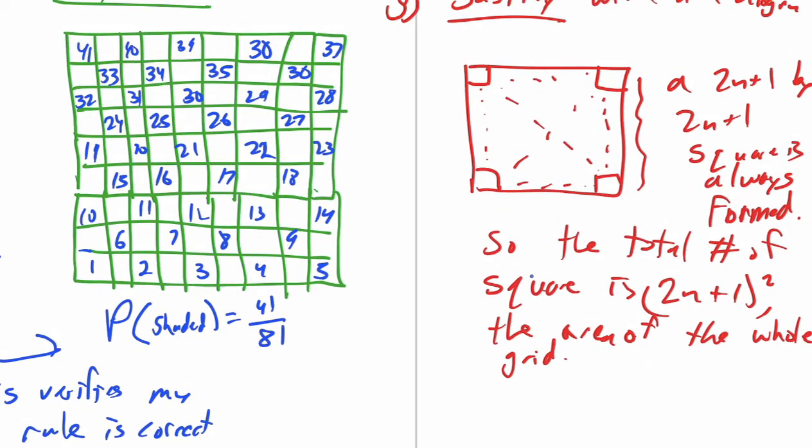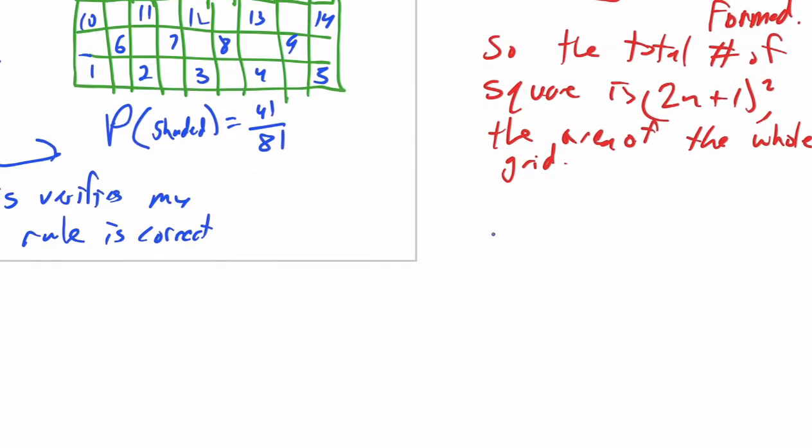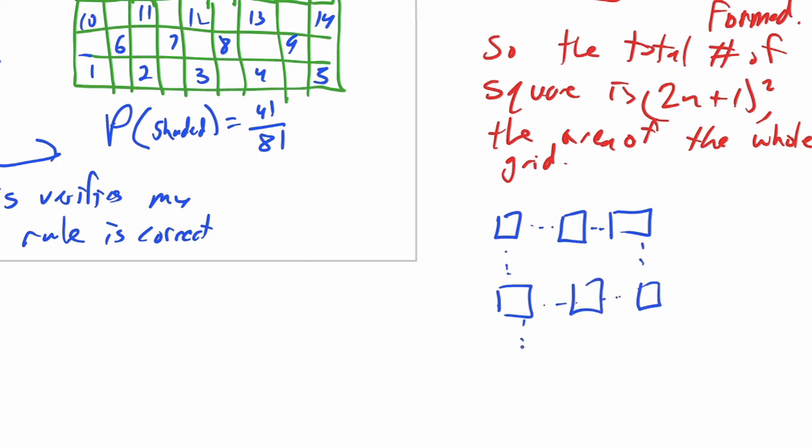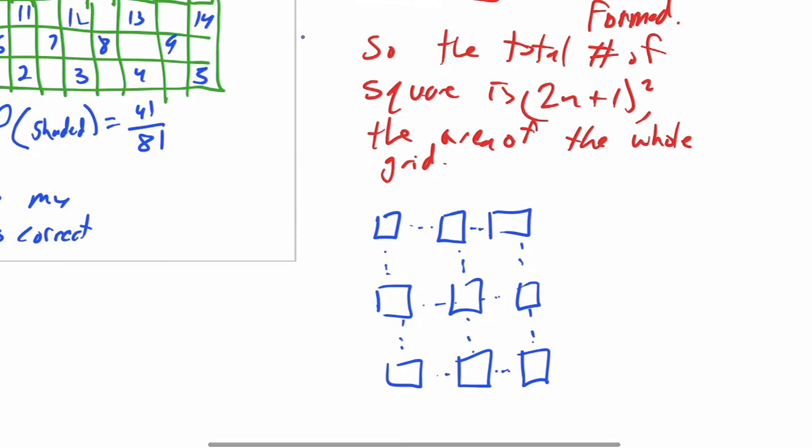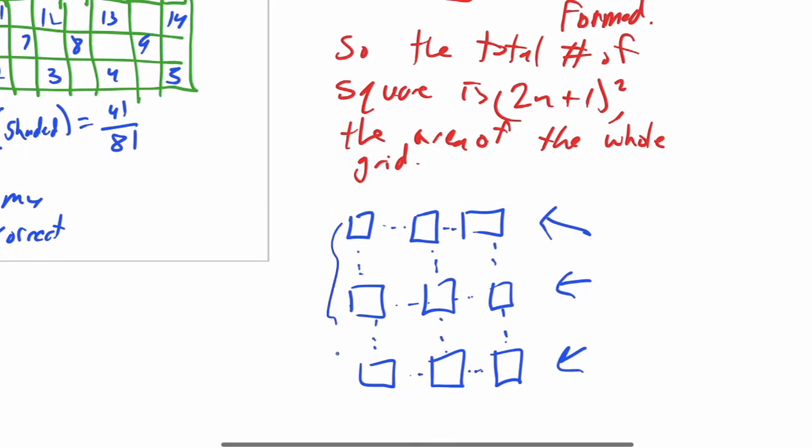Okay, so now let's talk about the rows. And let's do some color coding. Let's point out this part. And this is always n plus 1, n plus 1.